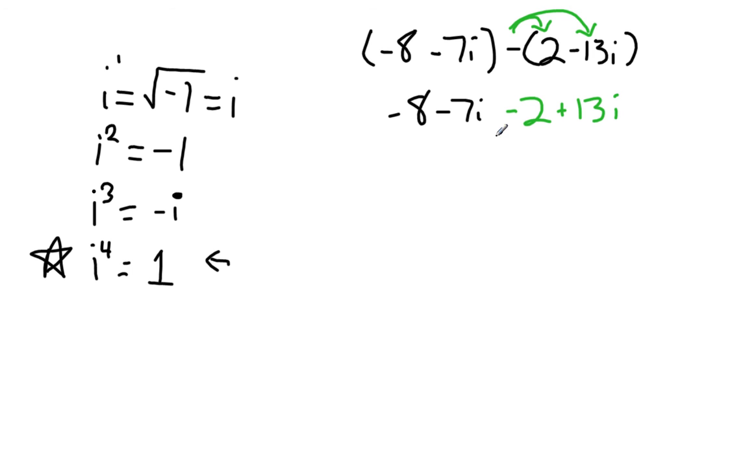So now we just collect our like terms here. So negative 7i and positive 13i is going to be positive 6i. If we take our constants, negative 8 and negative 2, two negatives combined to be more negatives, so it's just going to be 6i minus 10. What'd you get? Same thing.